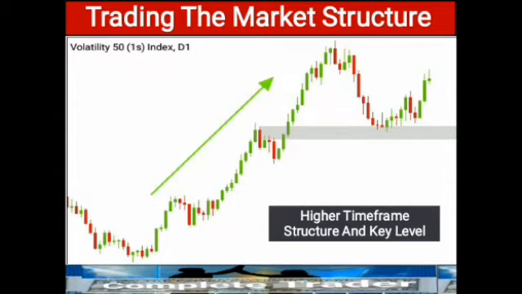In a bullish market structure, we are only concerned with one thing, that is buying. We know that it is safer to buy, which means it is less risky to buy, because the weight in this marketplace is towards the upside, the buy side.